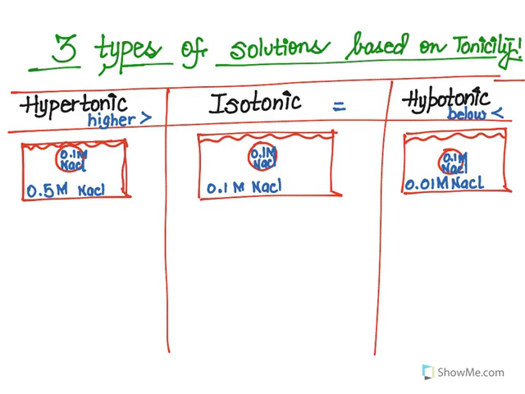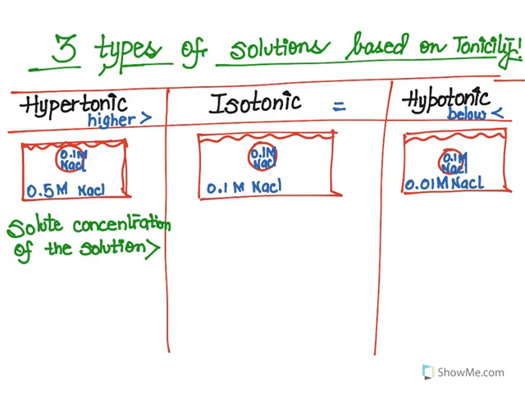All right, so here basically what happens is that the solute concentration of the solution is greater than the solute concentration inside the cell. And as you can see, that is what is happening. 0.5 is greater than 0.1.